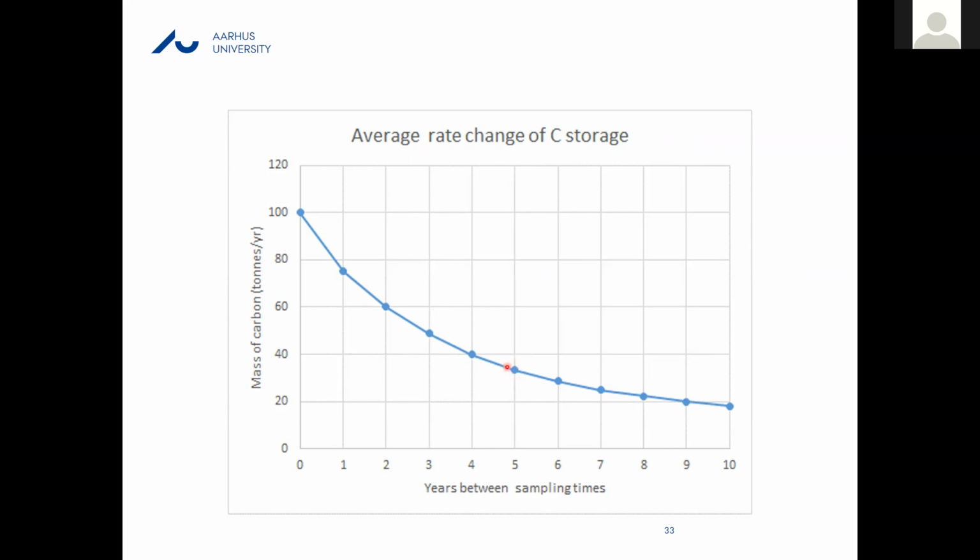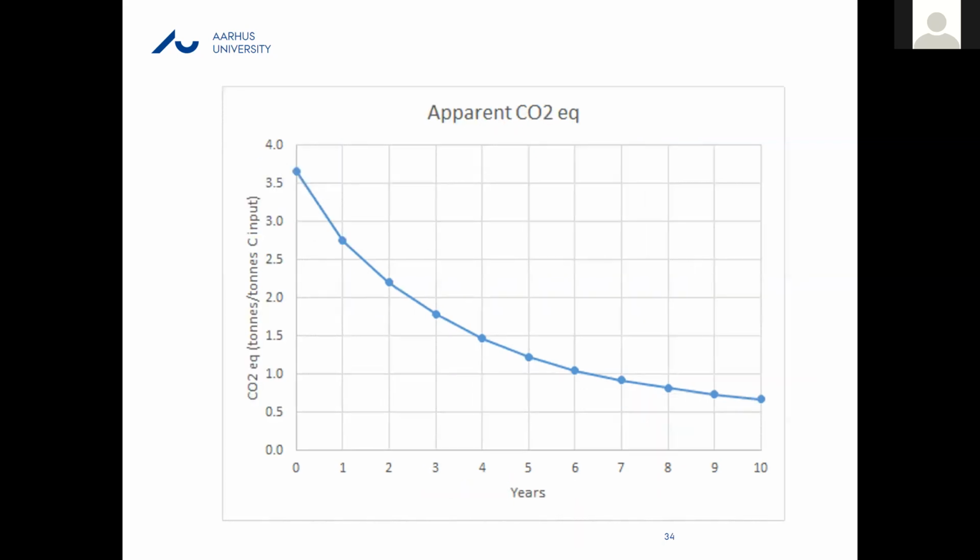But because we are calculating over a longer and longer time period, this average rate of carbon storage continues to fall with time. If we then use that information to calculate an apparent CO2 equivalent, it also falls in the same fashion.